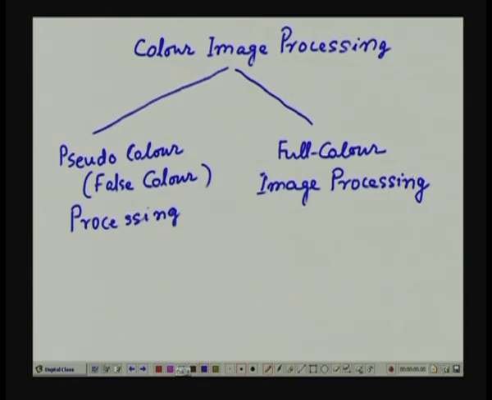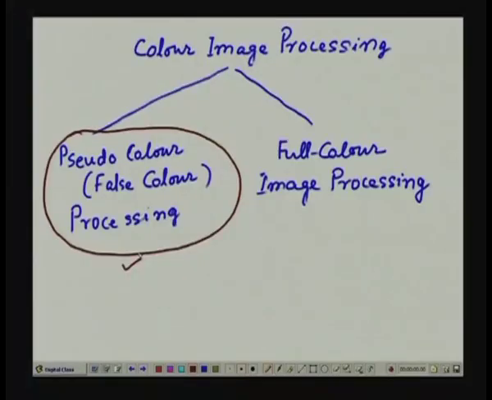So, we have just said that the basic purpose of the pseudo color image processing technique is to assign different colors to different intensity ranges in a black and white image. The purpose is, as we have told earlier, that given a black and white image, our human eye can distinguish between only around 2 dozens of black and white intensity shades, whereas given a color image, we can distinguish among thousands of color shades.